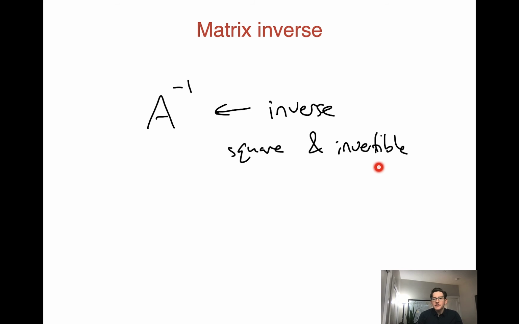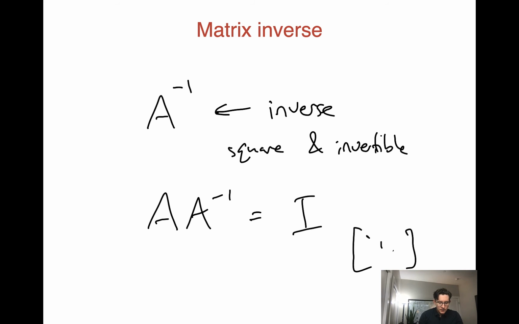Not all matrices are invertible. That is, for some matrices, there doesn't exist a matrix that has this property. This is how we define the matrix inverse, such that A times A inverse equals the identity matrix. Recall that the identity matrix is the matrix with 1s on the diagonal and 0s elsewhere.